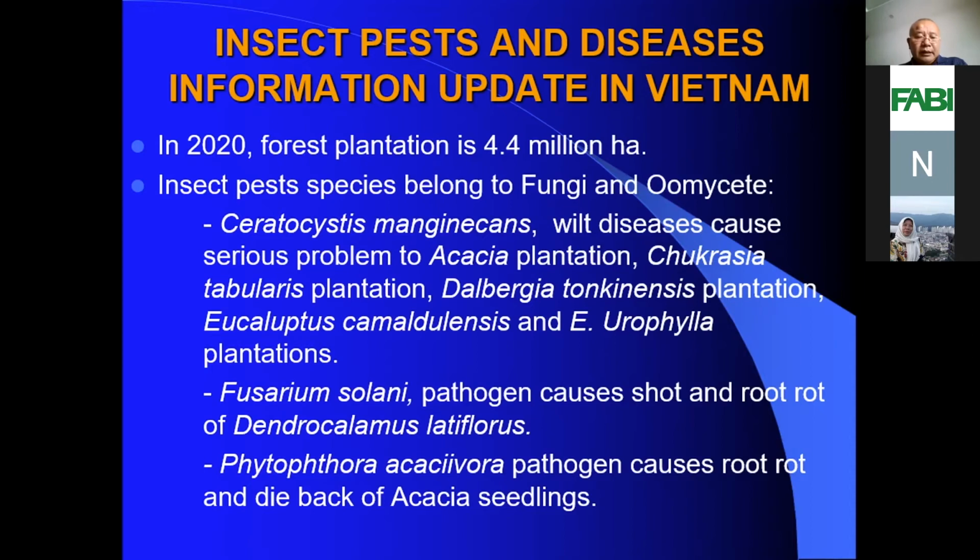The second fungus is Fusarium solani. The pathogen kills shoots and causes root rot of Dendrocalamus latifolius. The third one, I talk about Phytophthora acaciifera. It is a pathogen causing root rot and dieback of acacia seedlings.